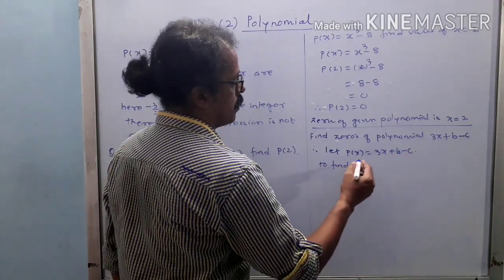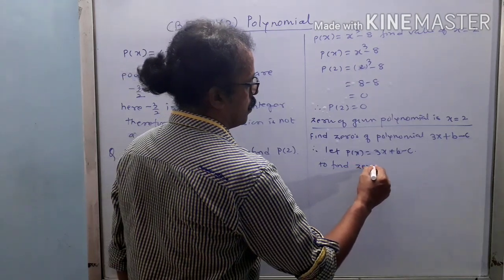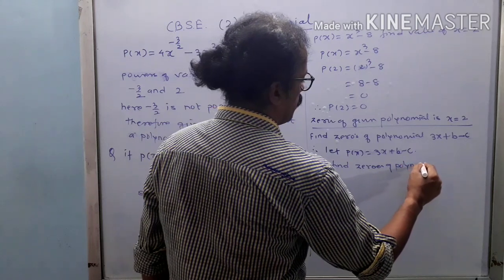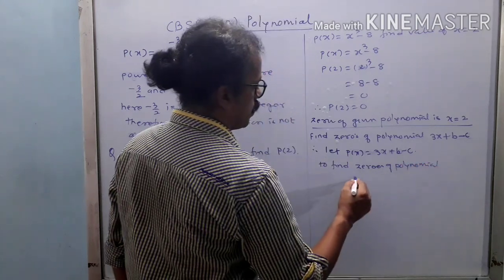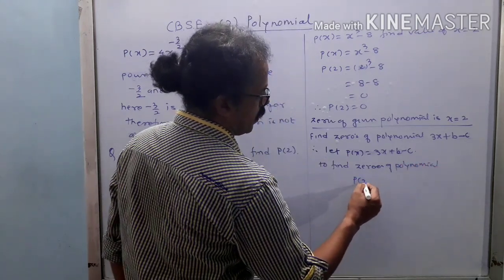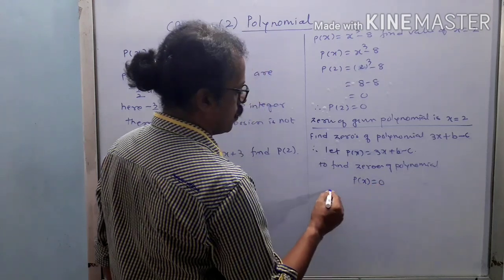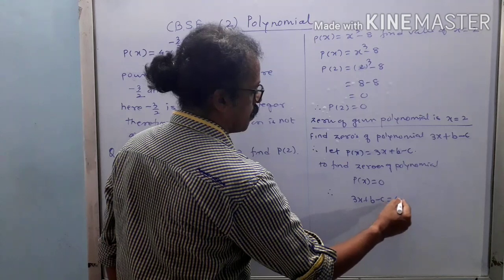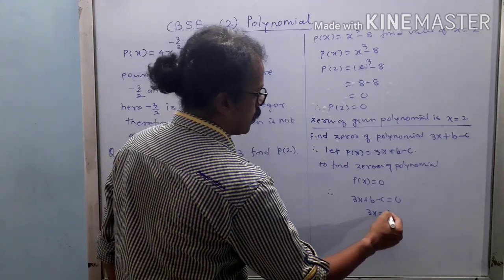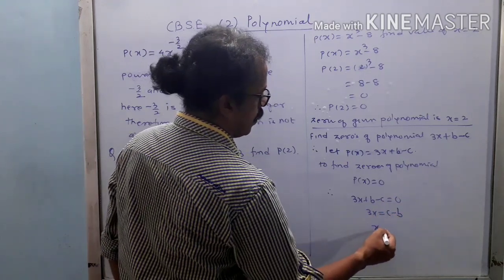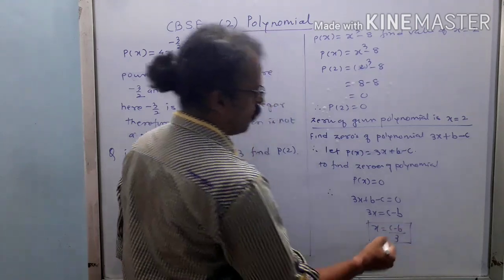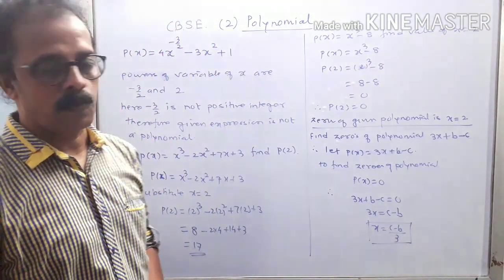To find the zeros of the polynomial, we consider p of x is equal to 0. Therefore 3x plus b minus c is equal to 0, 3x is equal to c minus b, so x is equal to c minus b upon 3.